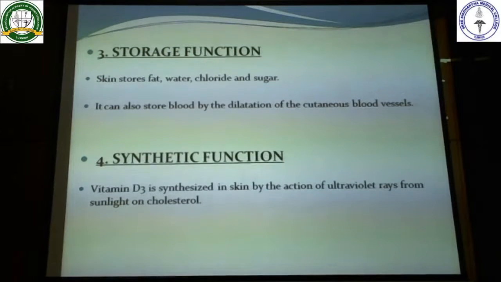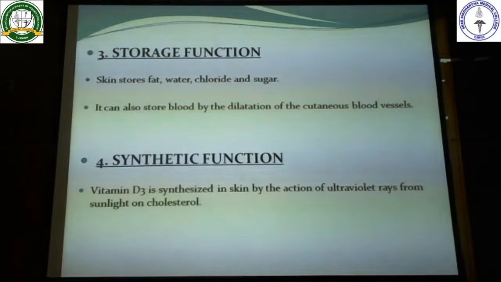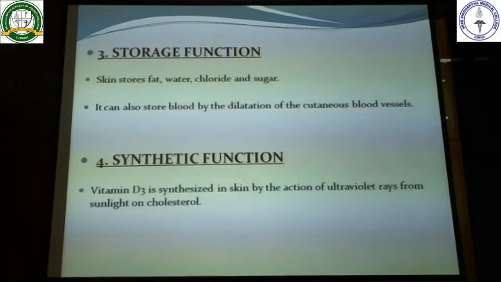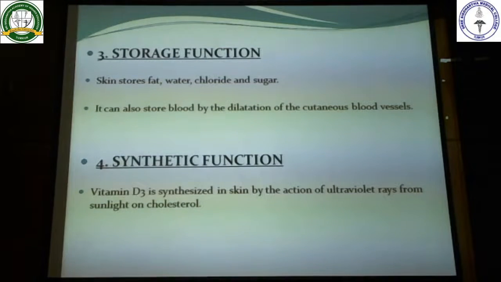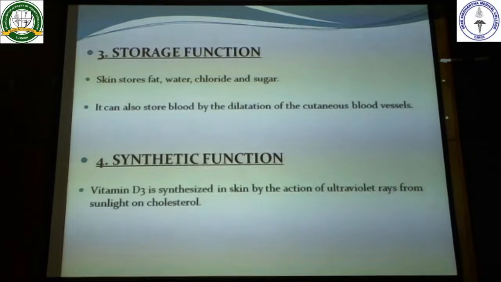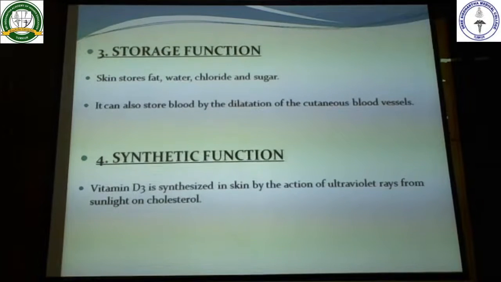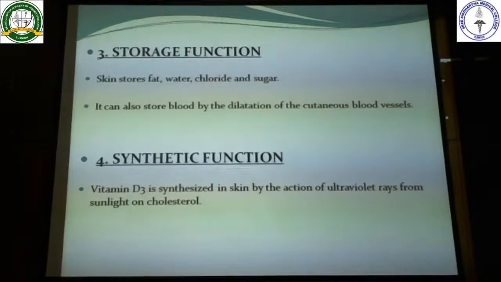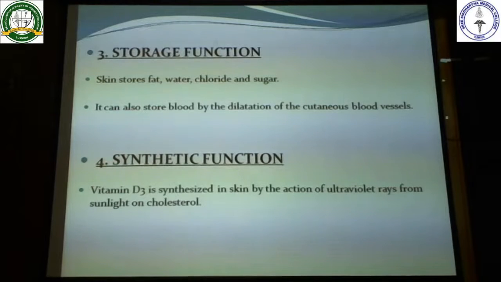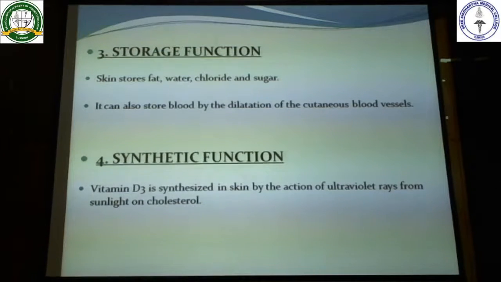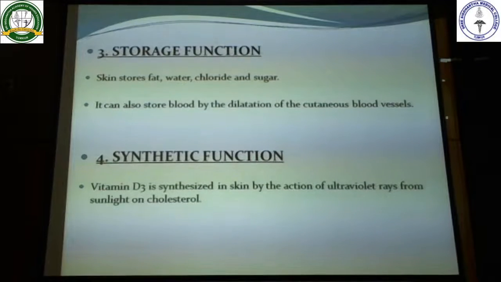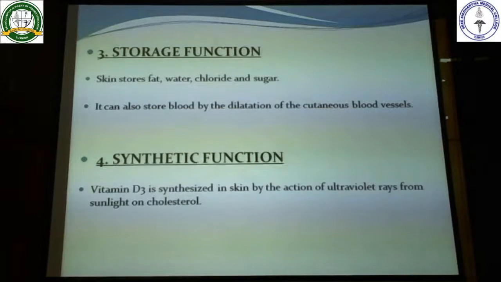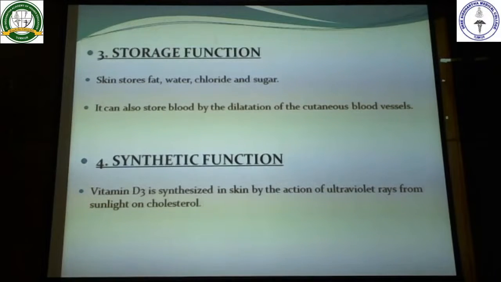Whenever a person starves, initially when he was healthy he was moderately built, good enough, but once he undergoes starvation, you can see that he becomes thin, and even the skin becomes thin, because whatever fat is present below the skin is utilized. Similarly, when a person experiences severe dehydration, you can see dry skin.